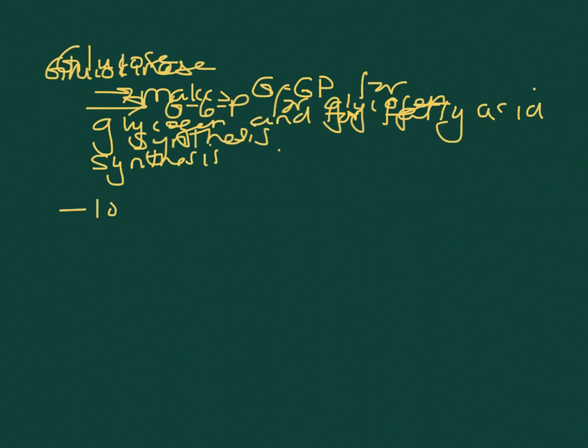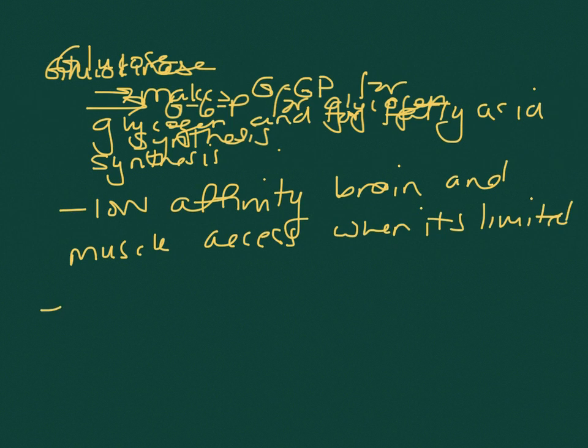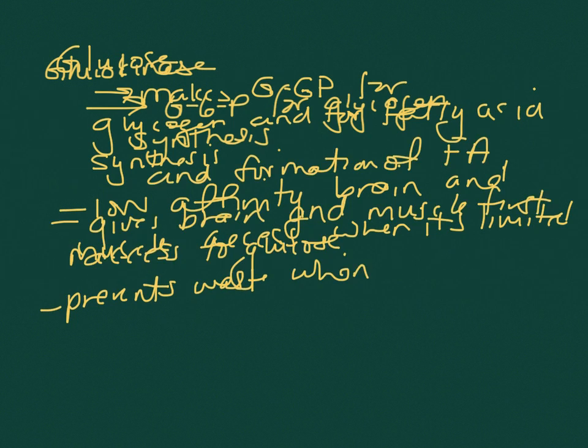Because it's low affinity, it allows the brain and muscle access to glucose when it's limited. It also prevents its waste when abundant, because you can make glycogen.